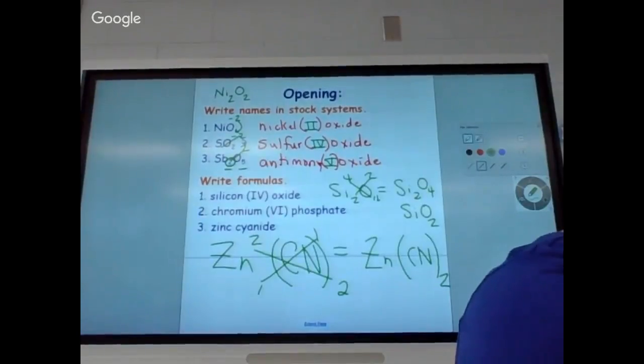Number 6, nitrogen, 2, oxide. Number 7, nitrogen, 3, oxide. 8, nitrogen, 4, oxide. 9, nitrogen, 4, oxide. 10, nitrogen, 5, oxide. Number 11, phosphorus, 3, chloride. And 12, phosphorus, 5, chloride.